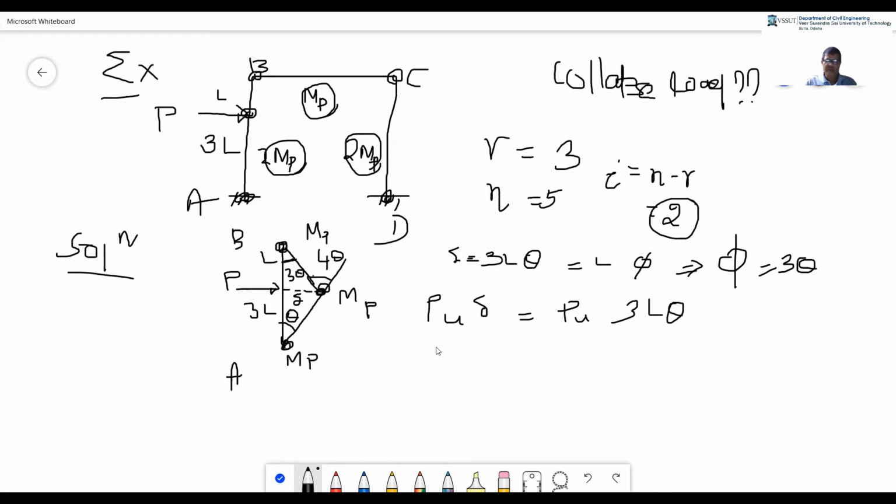The internal work done will be MP into theta, MP into 4 theta plus MP, so this will be 8 MP theta.